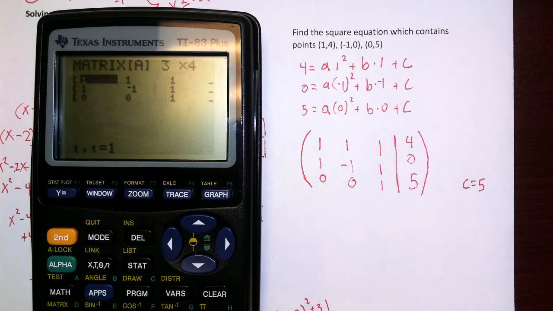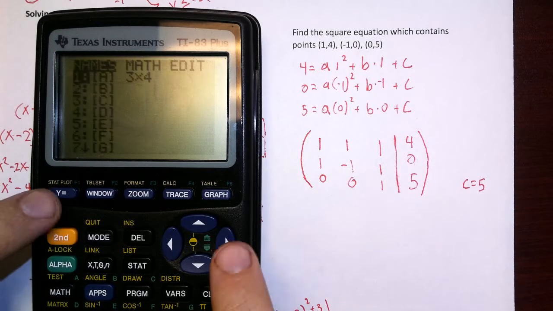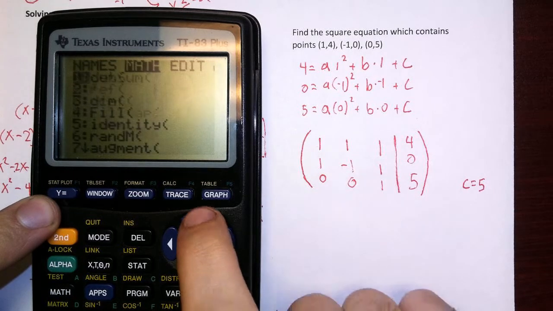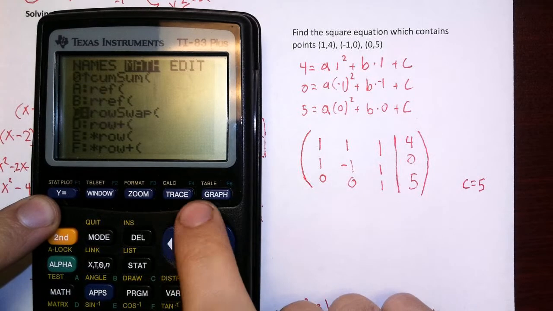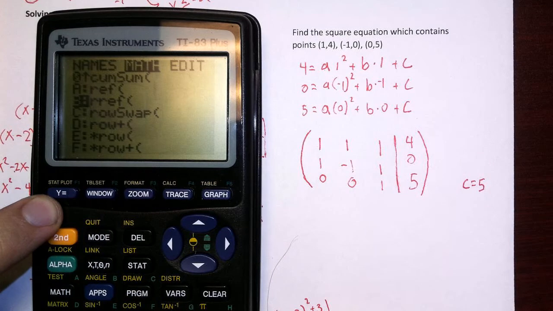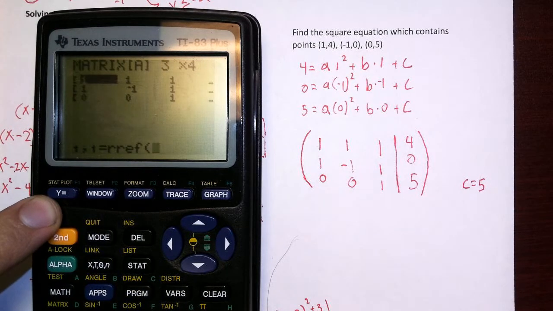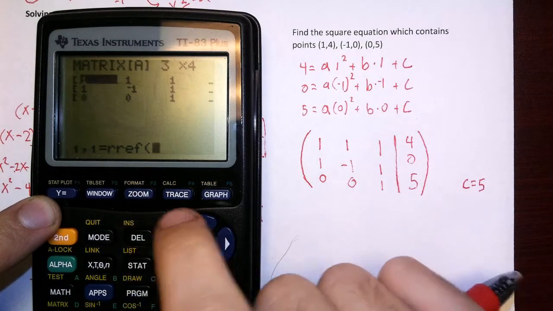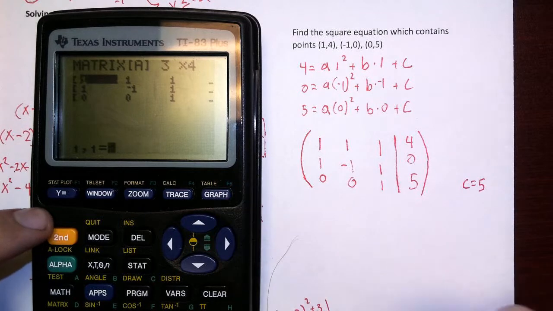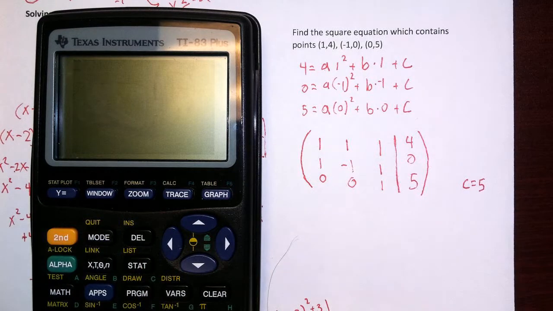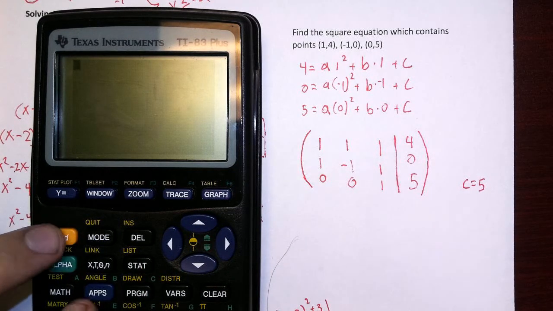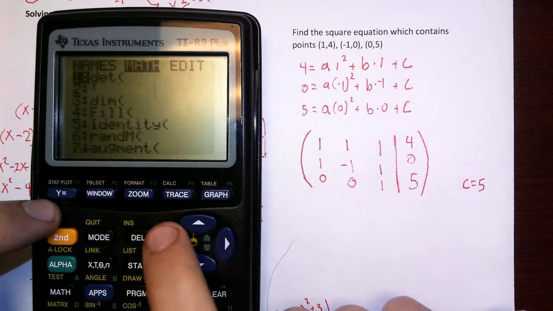Now we're going to have our calculator find the reduced row echelon form of this. Going back into matrix, and going to our matrix math, and into the RREF. There's not enough room to write reduced row echelon form. Oh, whoops, that's my bad. I want to quit out of that. My matrix is saved. If I go back, I can check on it.